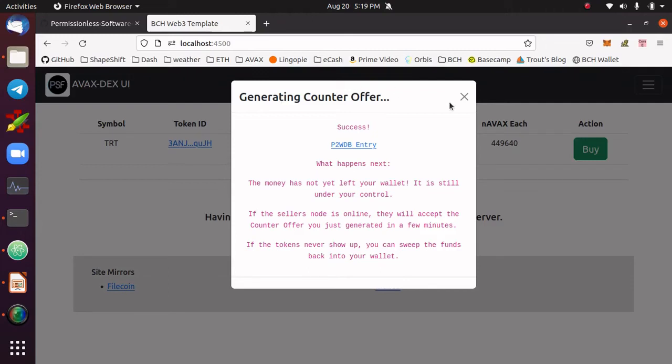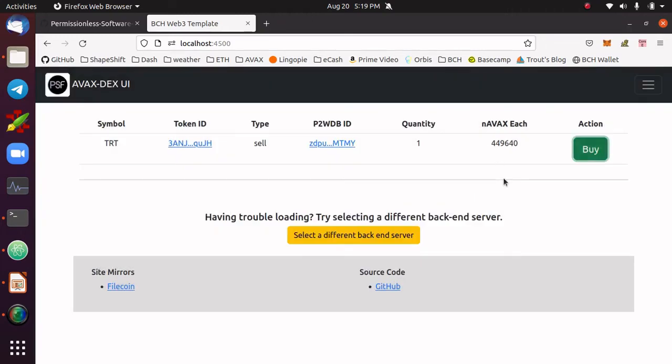But again, what should happen after you close that, you may still see the order here for a few minutes, probably up to 5 minutes. But if the order has gone through and been accepted by the seller, then this offer should disappear in about 5 minutes.